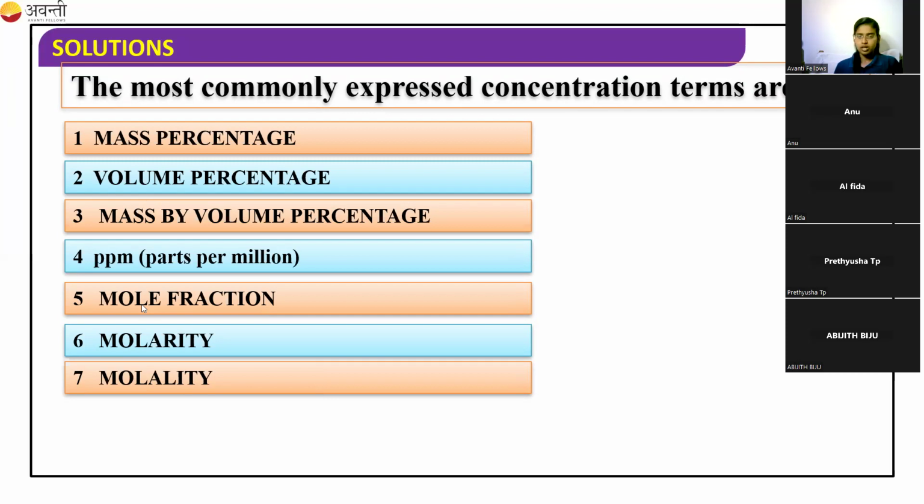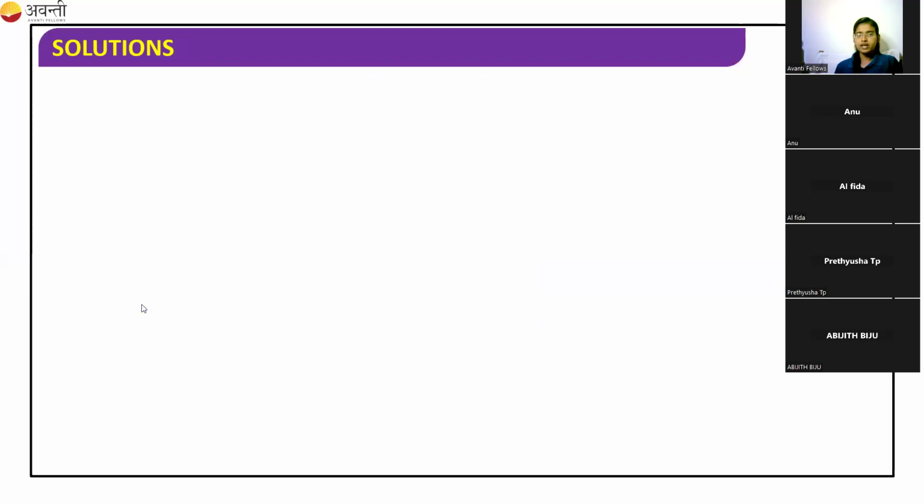What we are going to do next is take each and every concentration term, see one formula under each term, and apply those in the numericals. So let's start. Any doubt so far for anyone? Do any of you have any doubt from the introduction to concentration terms part? We can proceed, right?